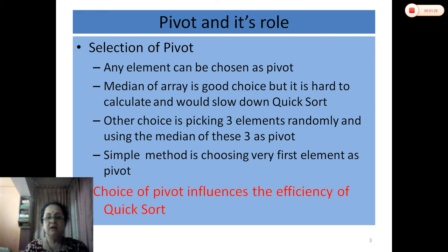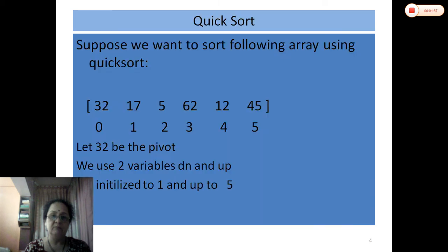The third method is picking 3 elements randomly and using the median of these 3 as pivot. And a simple method of choosing the pivot is to choose the very first element as the pivot. The choice of pivot influences the efficiency of quicksort. So, the choice of pivot is very important.